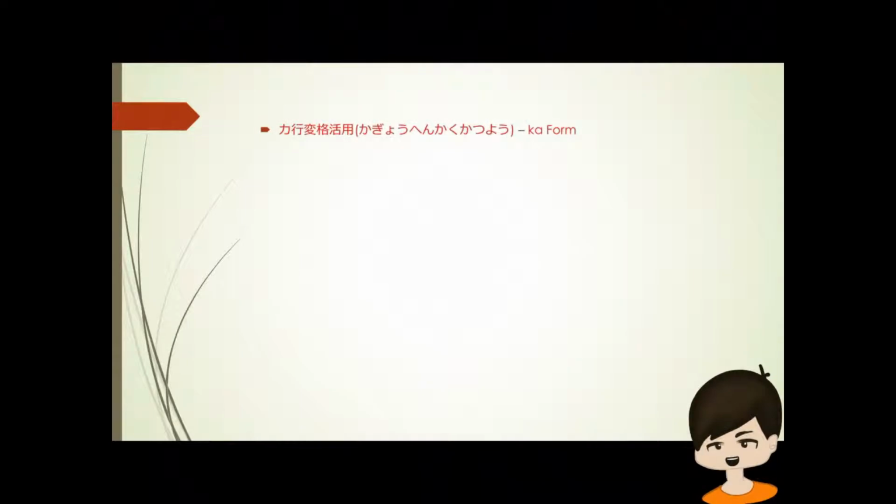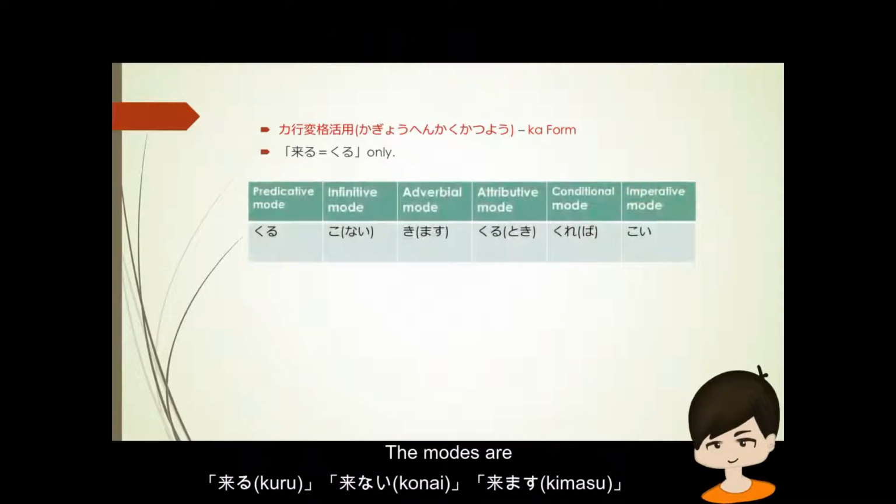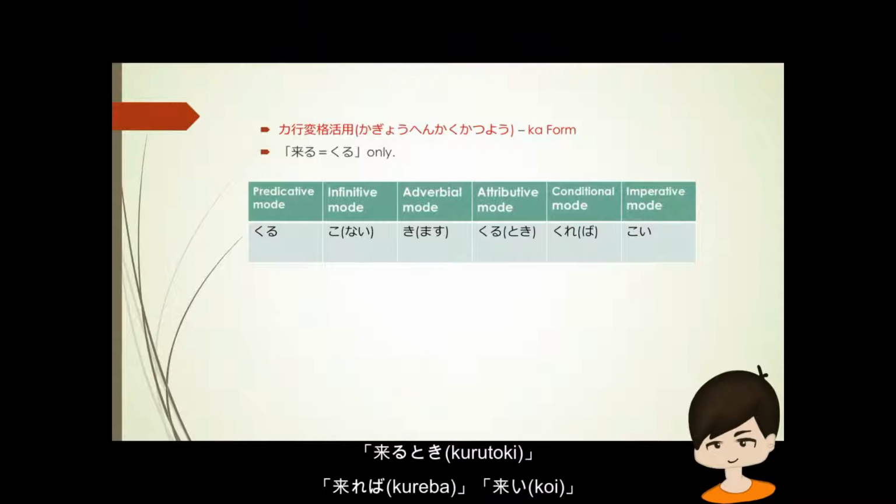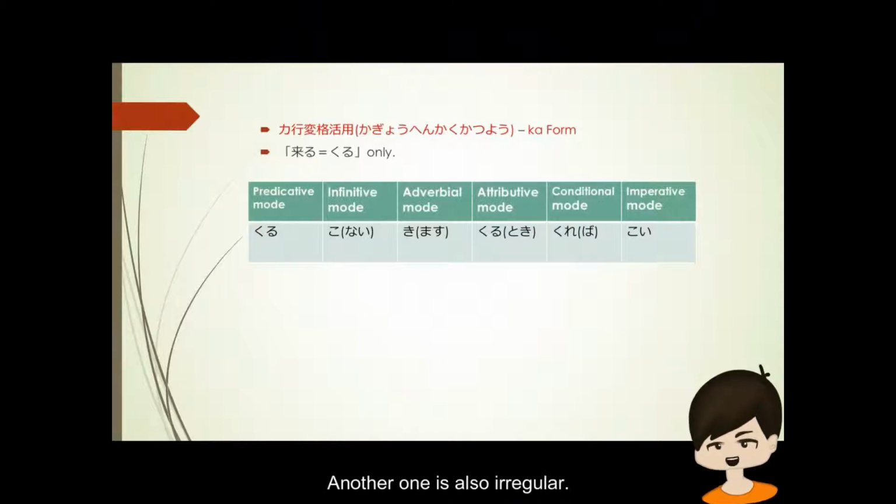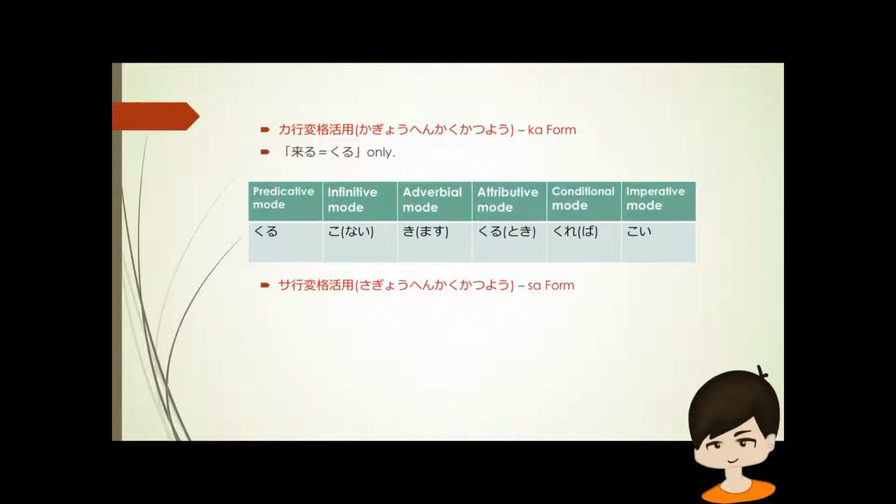The one is カ行変格活用. Ka form. This verb is only 来る. The modes are 来る、来ない、来ます、来るとき、来れば、来い. Only them. Another one is also irregular. It's called サ行変格活用.